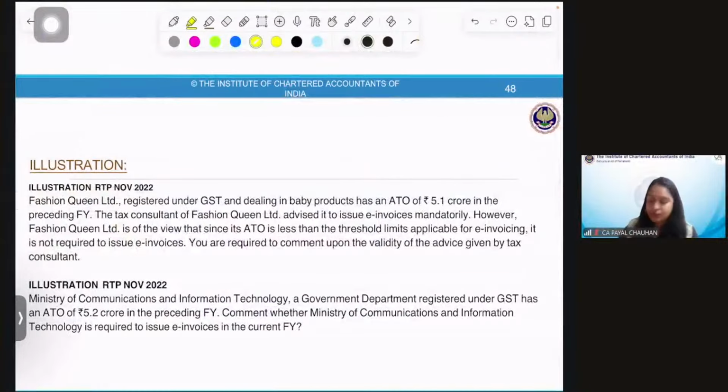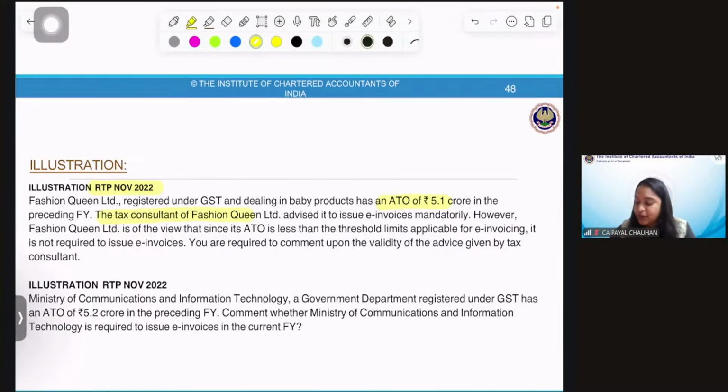Another illustration, you people to answer. RTP's example, it is Fashion Queen Limited, registered under GST and dealing in baby products, has an aggregate turnover of 5.1 crore in the preceding financial year. The tax consultant of Fashion Queen Limited advises it has to issue e-invoice mandatorily.